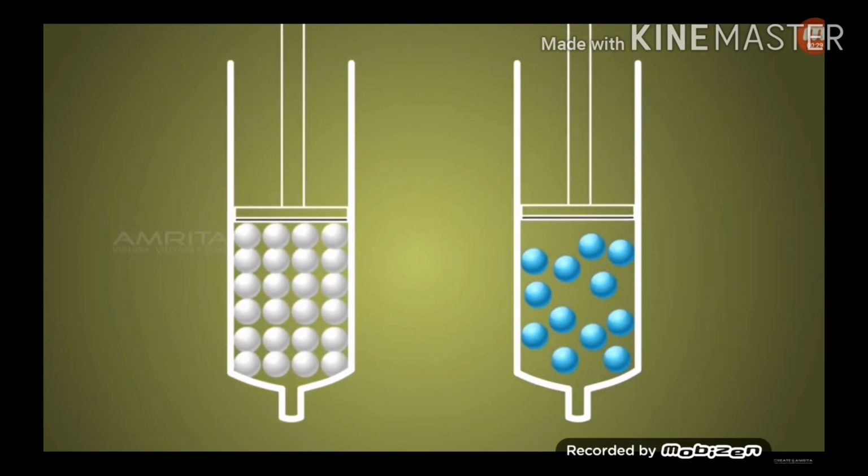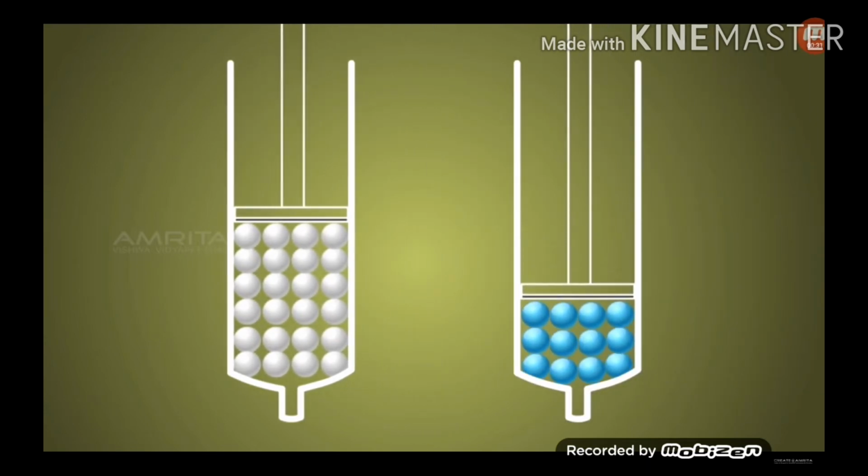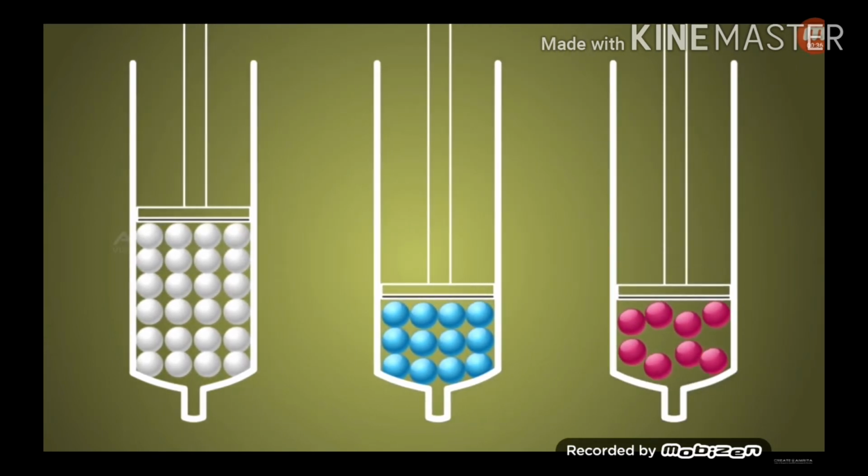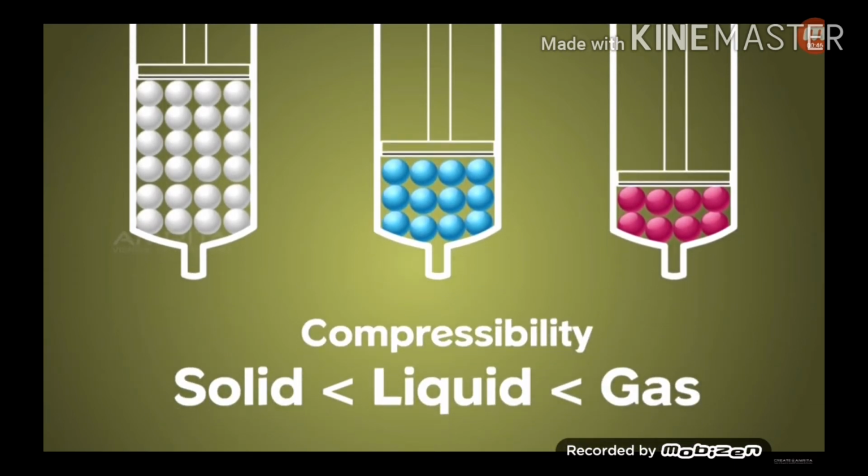The syringe with water is compressible because there is greater space between particles compared to solids. The syringe which is empty is easily compressible because the particles in a gas, in this case the air in the syringe, have more space than solids and liquids. This experiment shows that gas is highly compressible compared to solids and liquids.